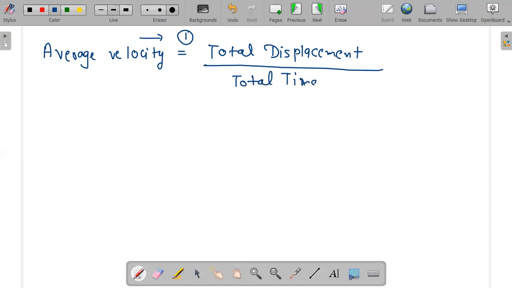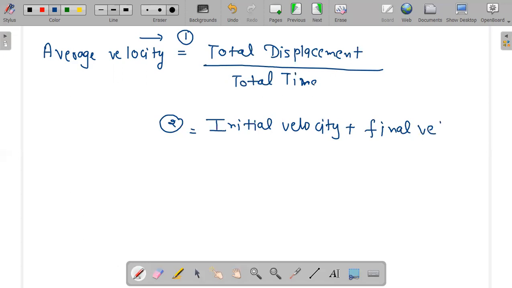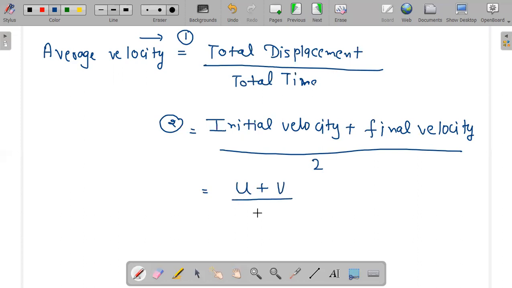And my second formula is initial velocity plus final velocity upon 2. I'm writing initial velocity as u, I'm writing final velocity as v, and I'm writing 2.